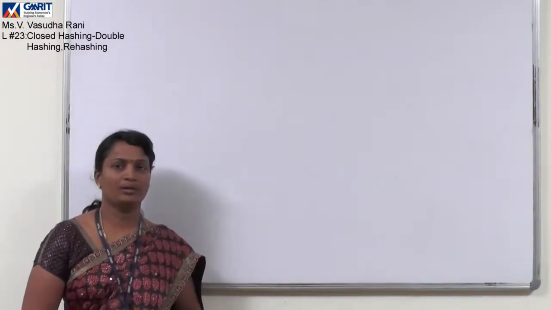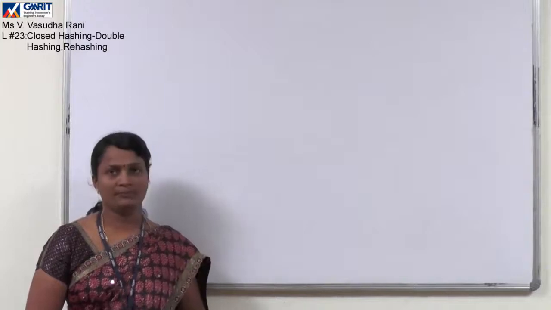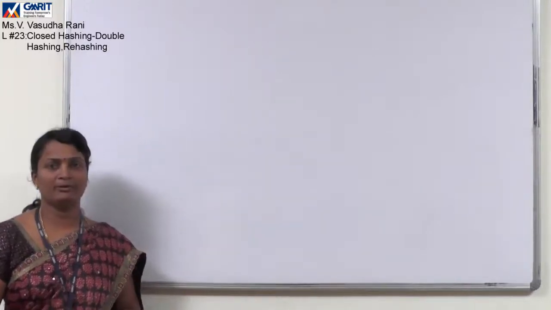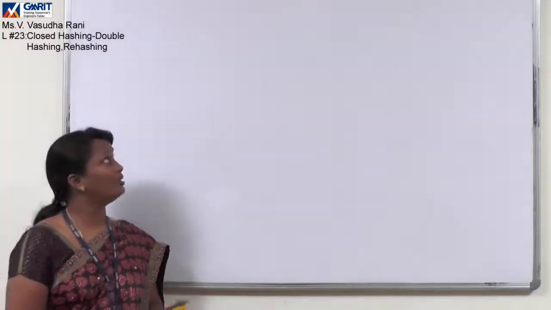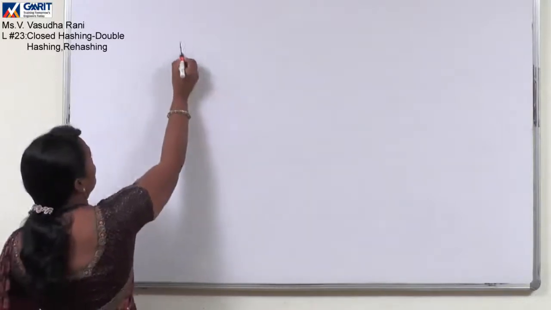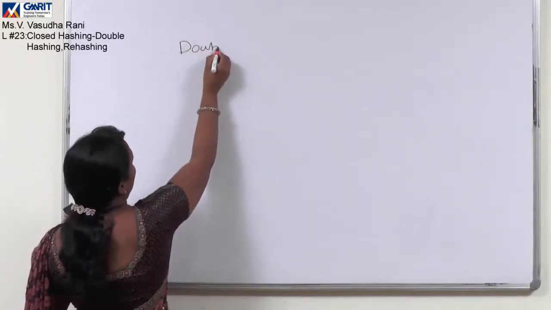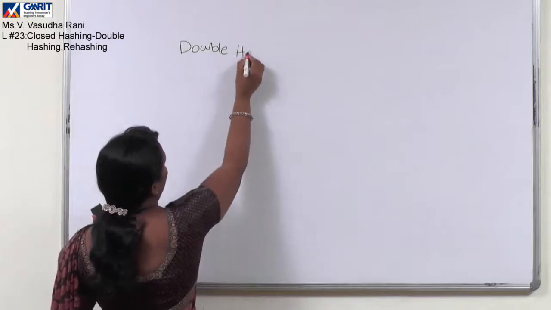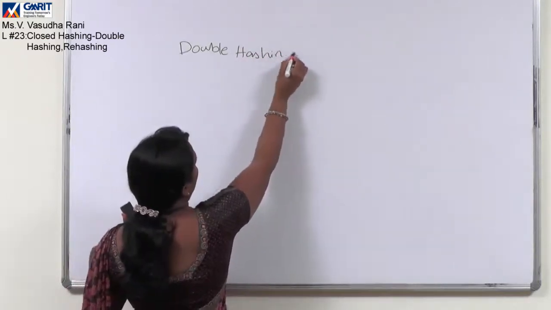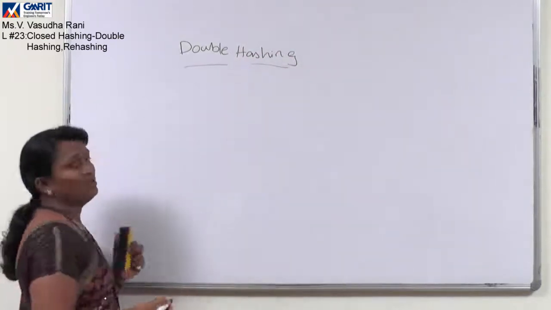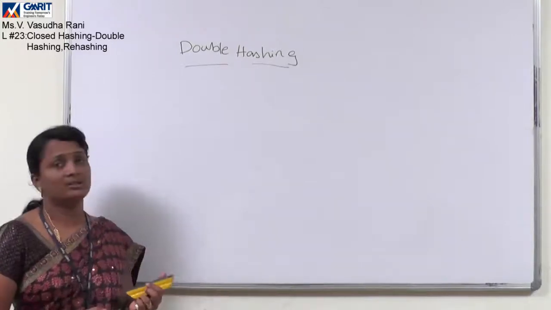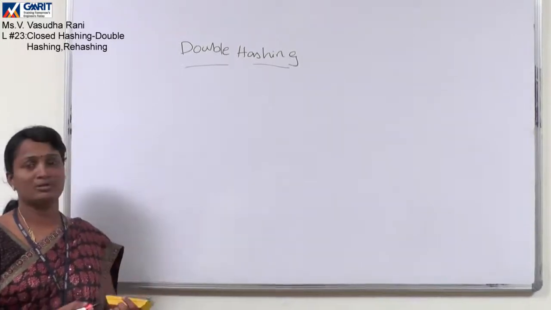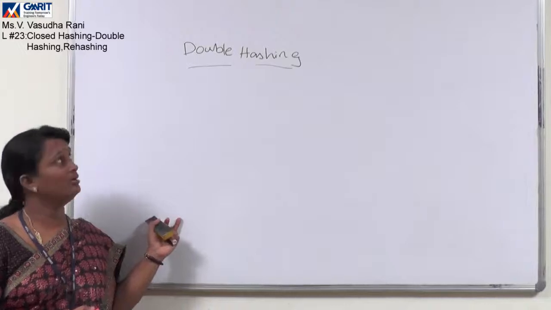Today let us see the topic double hashing, which comes under the category of closed hashing. This is one of the techniques for collision resolution.